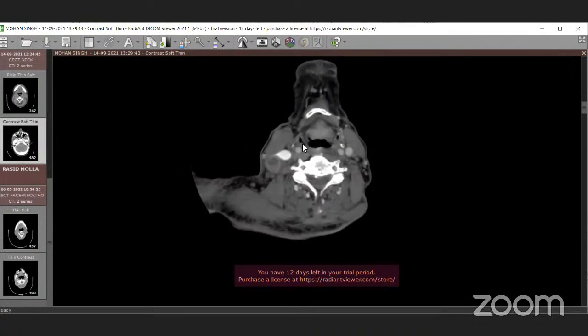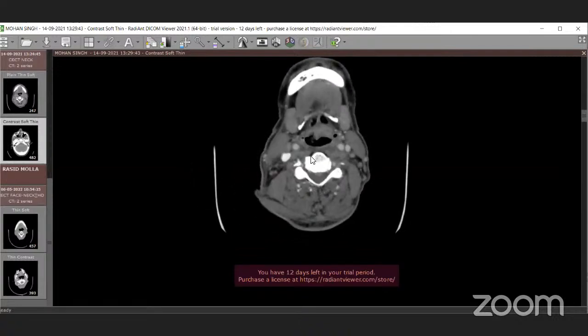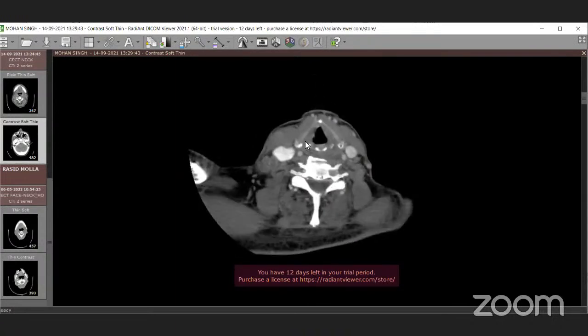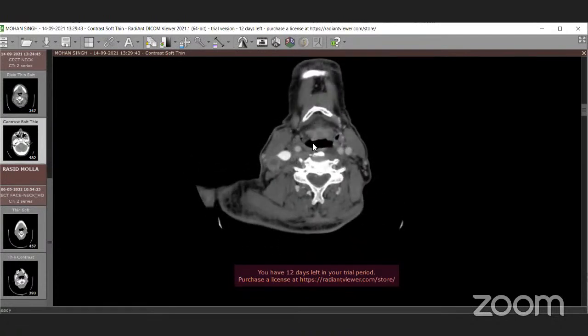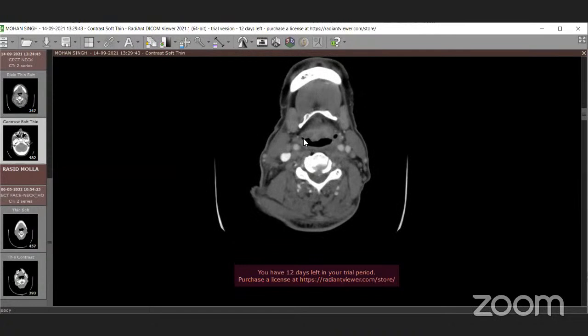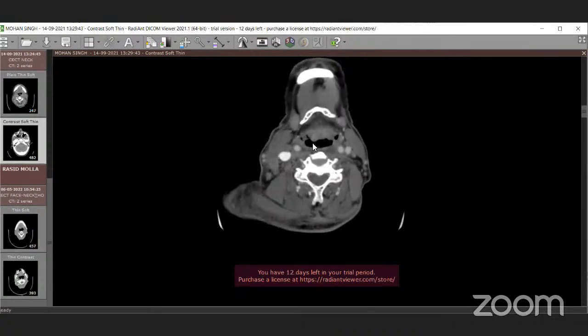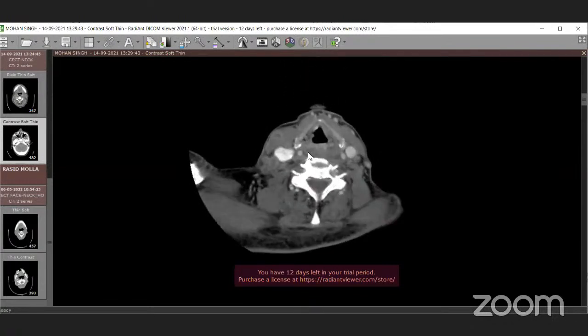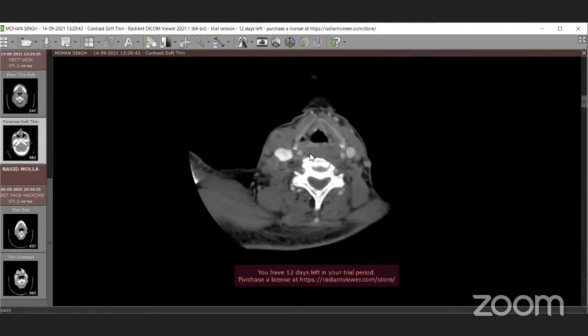The triangular air structure here is the pyriform sinus. Anteromedially is the aryepiglottic fold. Inferiorly is the pyriform apex, which is formed when we find a fat plane just above that. The air locule is the pyriform apex, and superiorly the base of the pyriform sinus is at the level where the aryepiglottic fold ends. Posteriorly, this is the inferior constrictor muscle, and as we go posteriorly inferiorly, it is the posterior hypopharyngeal wall.